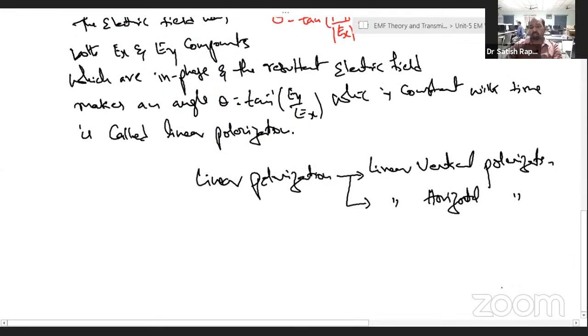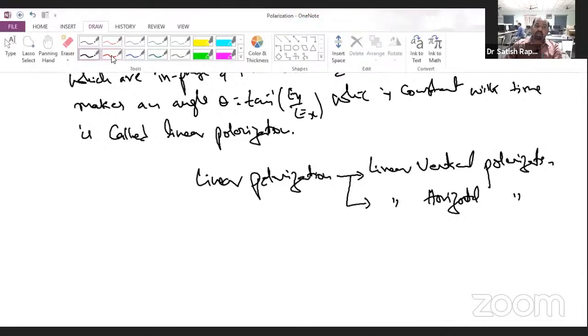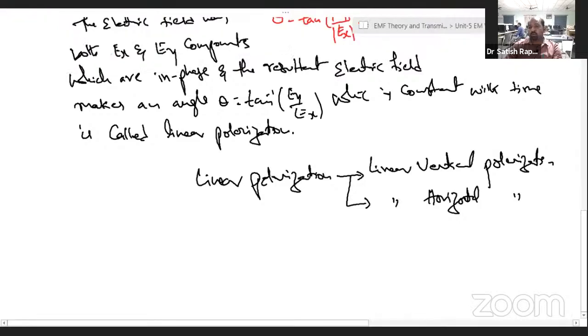Linear vertical polarization in the sense what? If the electric field is vertical to the plane of incidence or to the plane of polarization, it is called linear vertical polarization, right?